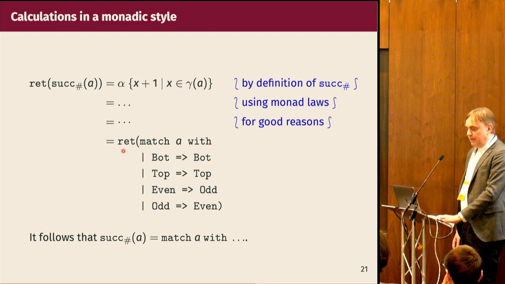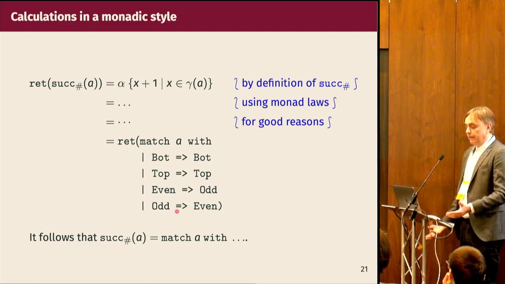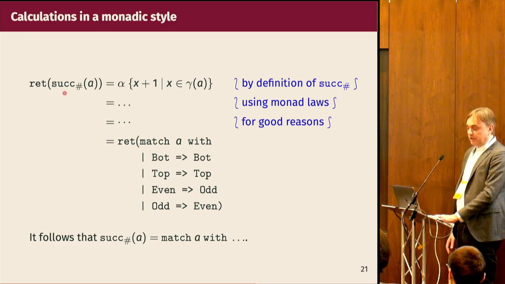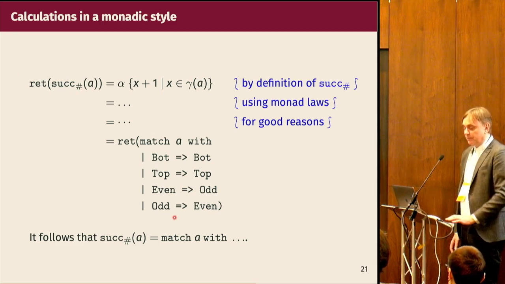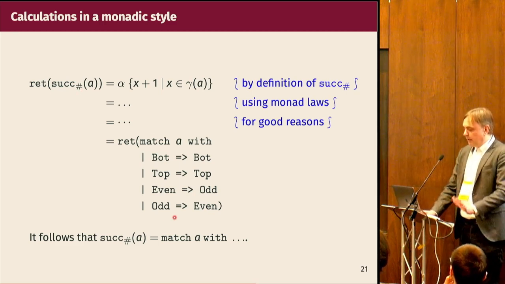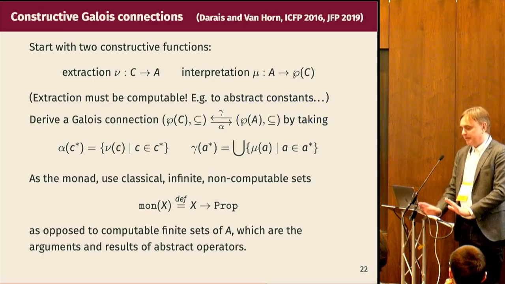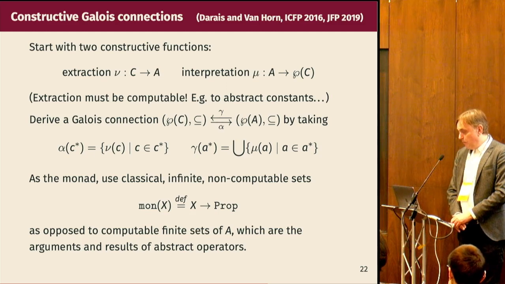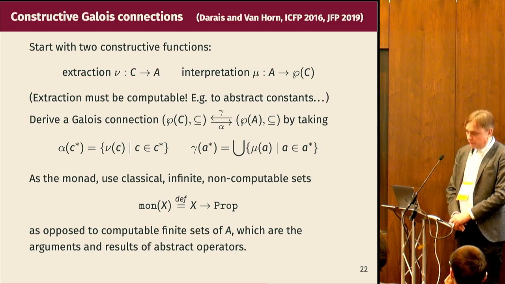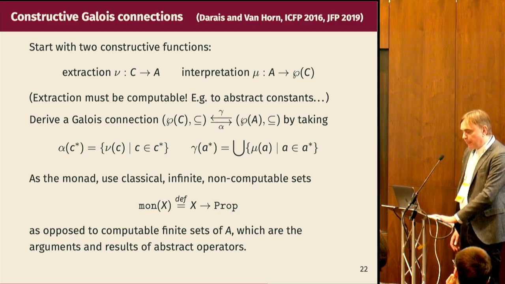And if you manage to put that in the form ret of a pure expression, then you win. Okay, then sub sharp of A is this pure expression. So that's a very simplified account of their paper. And again, some more details, but still pretty much simplified.